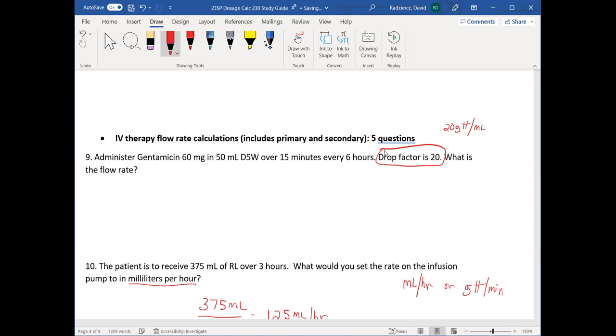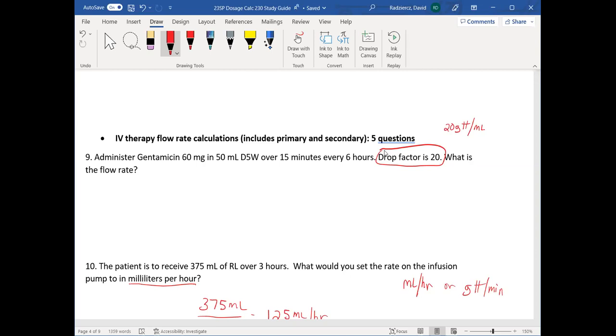Okay, so the drop factor is basically what is the diameter of the tubing and how many drops does it take to get to a milliliter. The smaller the tubing, the more drops it takes to get to a milliliter. The larger the diameter of the tubing, the fewer drops per milliliter.